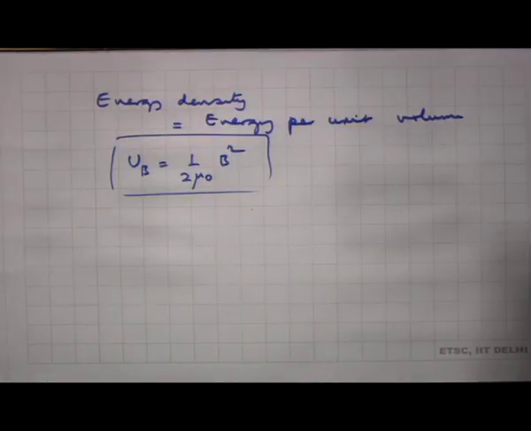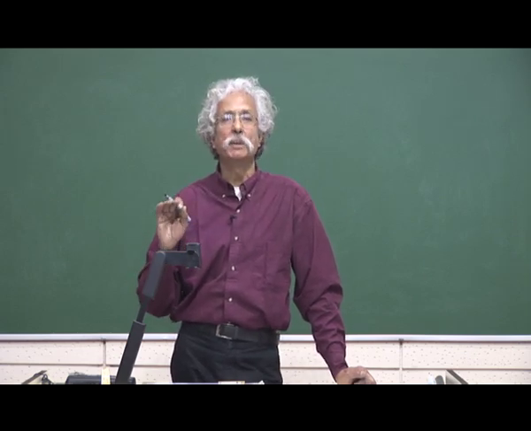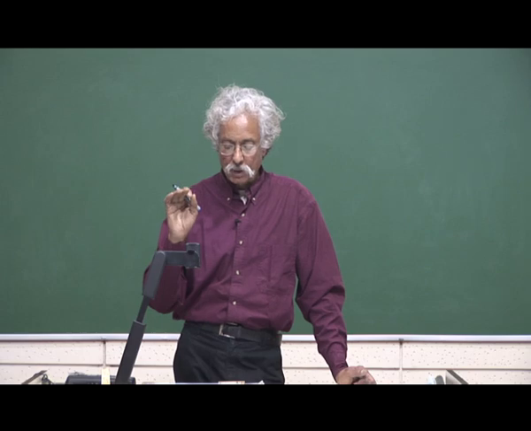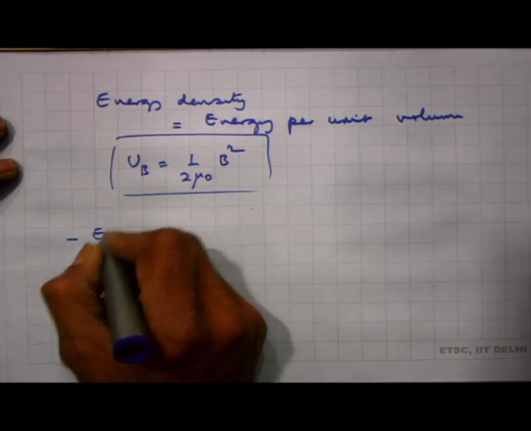Now, although I have derived this for a solenoid, this is a very general relationship: if you have a magnetic field B at any point, it creates an energy density of B square by 2 mu naught, and this is very similar to what we had done for electrostatics.